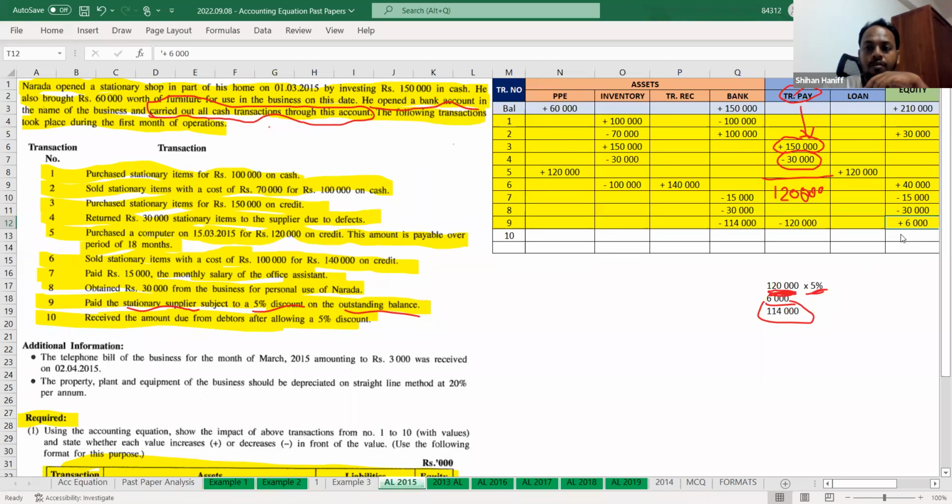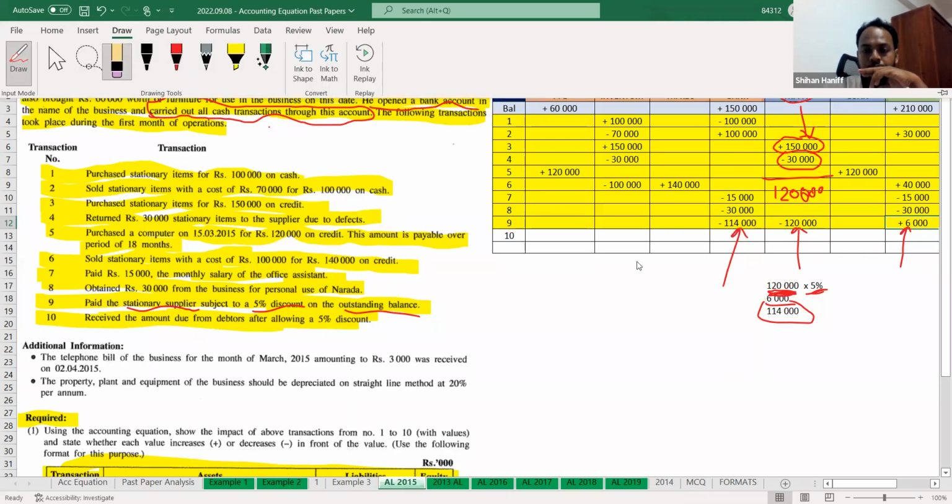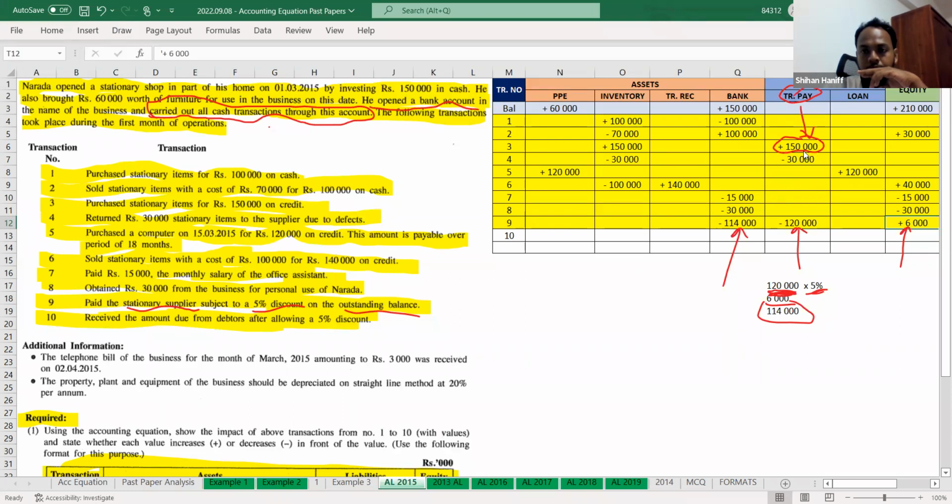The 6,000 is discount received, so that is income. The total amount deducted is 120,000, and the cash payment is 114,000. Is that clear?